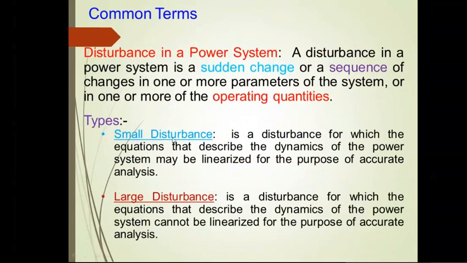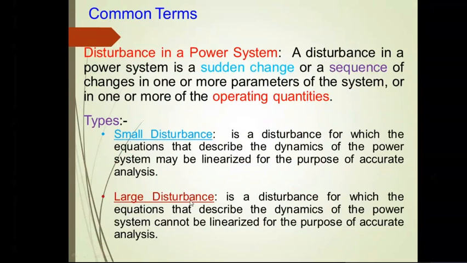So for the case of a small disturbance, these governing equations that describe the behavior of the system can be linearized. In that case, it will be referred to as a small disturbance. But if the disturbance is of such magnitude that these governing equations cannot be linearized for the analysis purpose, then such a disturbance falls under the category of large disturbance.